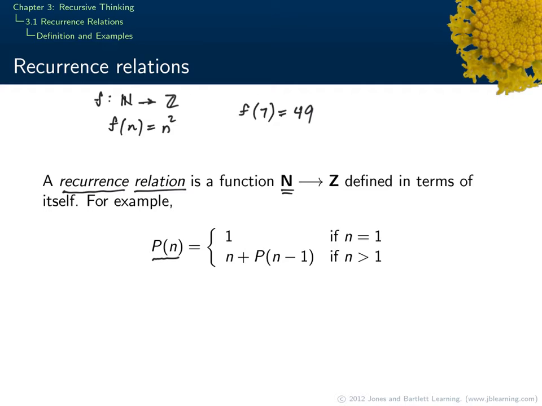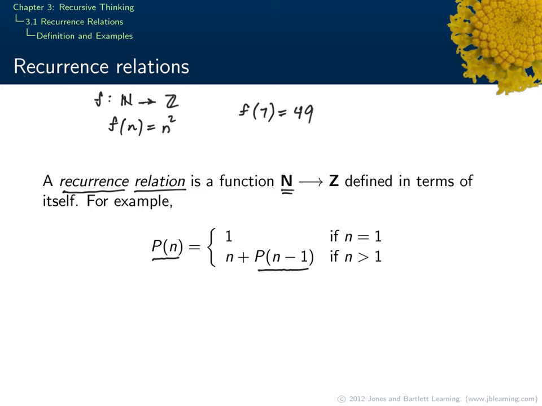However, if n is anything bigger than 1, then we're given this formula down here that relies upon us knowing the value of p of n minus 1. So evidently, in order to know what p of n is, we must first know what p of n minus 1 is, and so on and so forth.